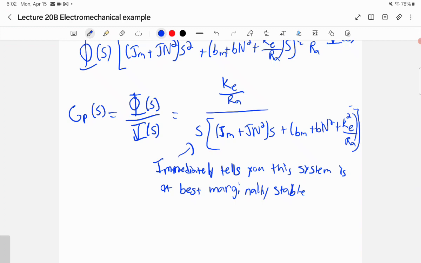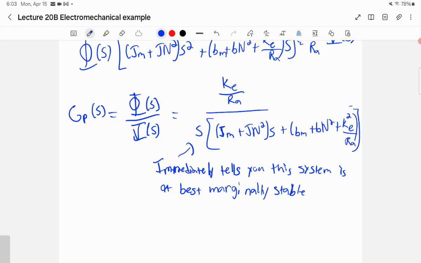And then but the nice thing about being able to factor this out is you can easily find the other pole, because you don't need a quadratic equation or anything like that. The other pole is just S equal to negative Bm plus Bn squared plus Ke squared over Ra divided by Jm plus Jn squared. That would be my other pole in this case.